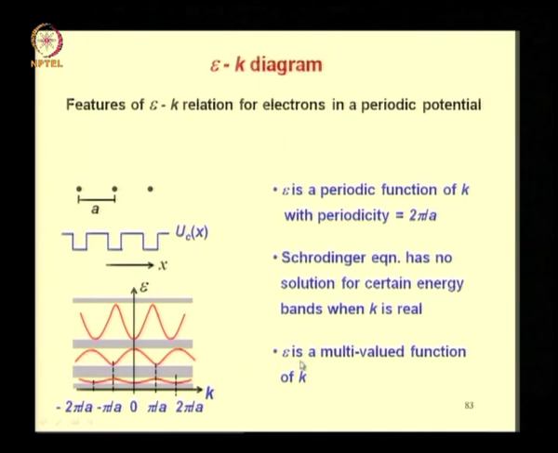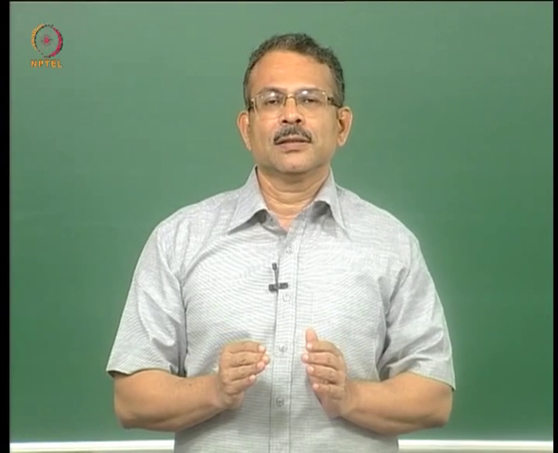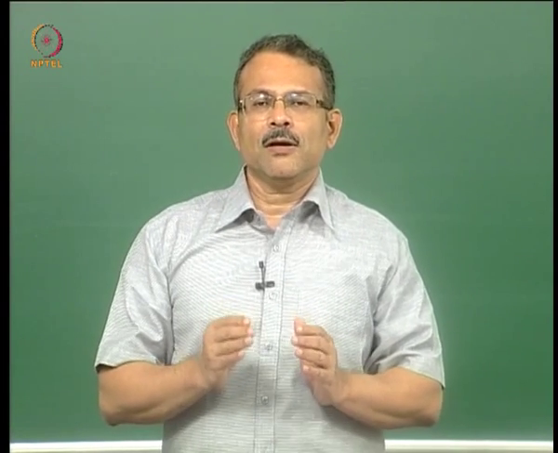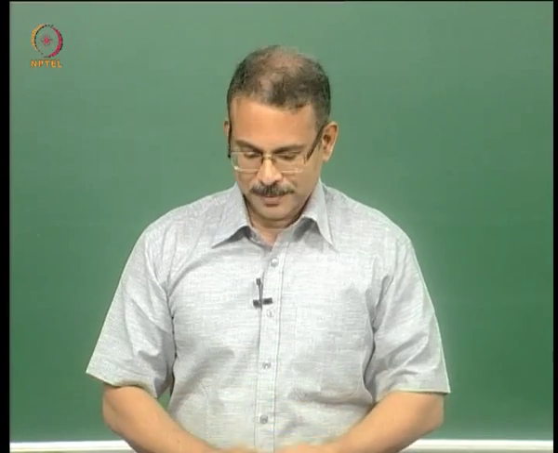Finally, E is a multi-valued function of k. For any value of k you have several values of energy. So these are the three features which we need to explain on the basis of Schrodinger's equation solved for a periodic crystal potential.